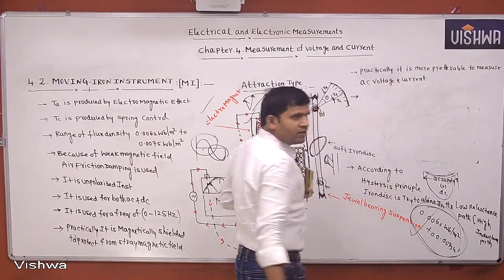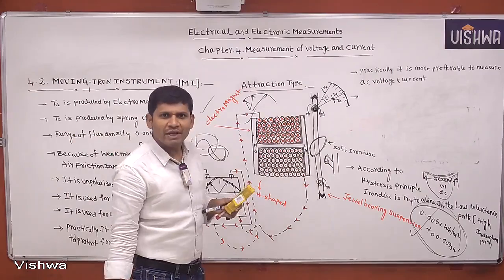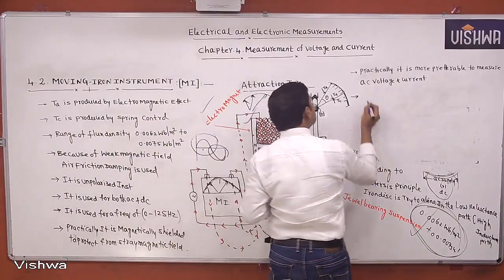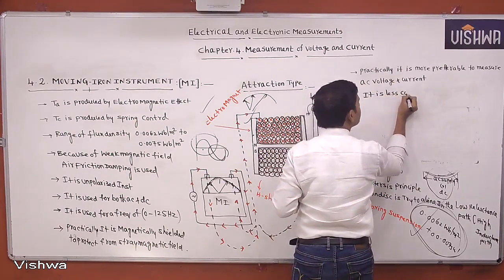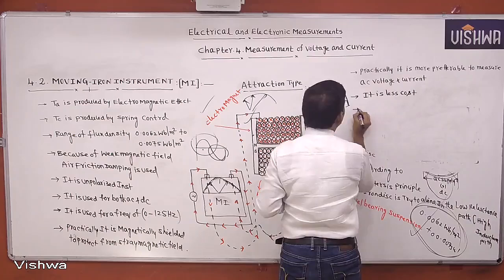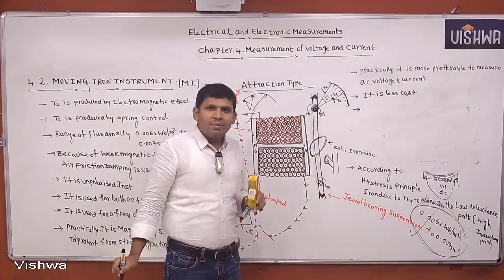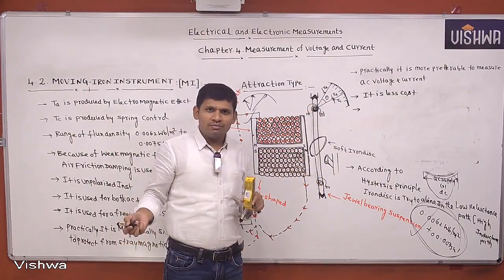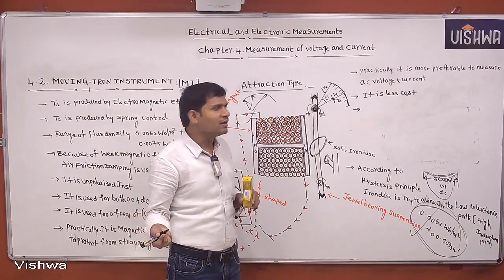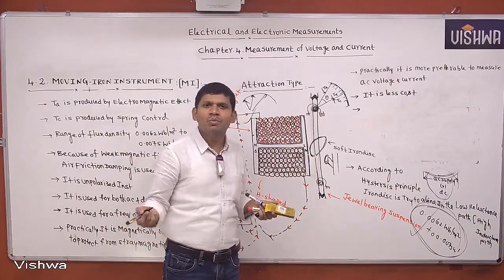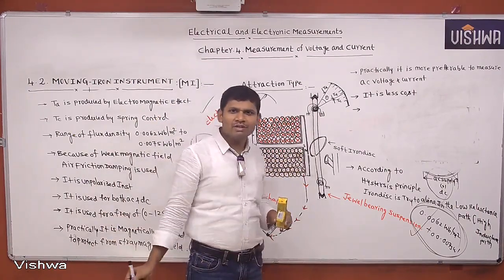Among all the instruments for measurement of AC voltage and current, the more preferable instrument is the MI instrument. Among all the instruments, it is less cost. And this MI instrument is more preferable in the application of panel mounted instruments as well.